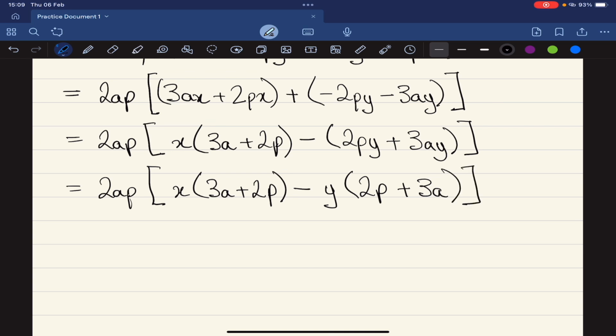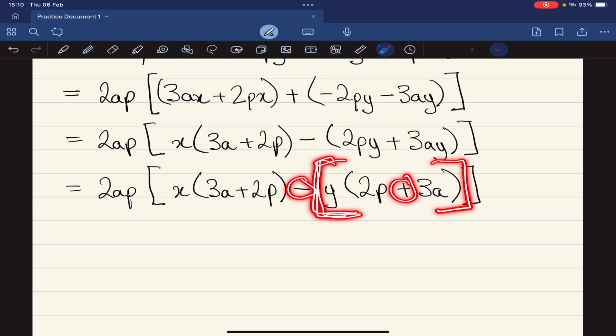So in other words, what happened here was I kept my negative sign here, and I took out y as my highest common factor from this bracket, and I open up the bracket and I simply wrote down what's left in the bracket after I take out the y, keeping the positive sign because I was doing this factorization sort of independently of the negative sign outside, so that I can keep my signs correct, especially with the middle term.